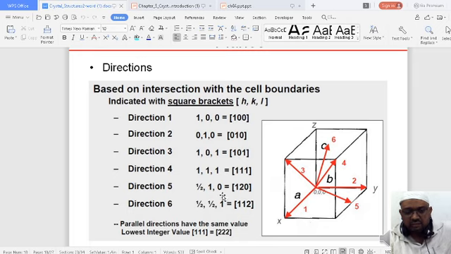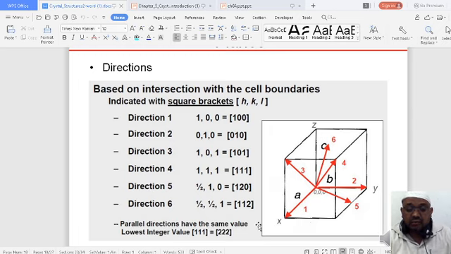If you simplify it, you will get 1, 2, 0. And when we go for direction 6, you get x and y exactly at the middle, so half, half, and 1 for this. When you simplify it for the Miller indices, the value that you get is 1, 1, 2.